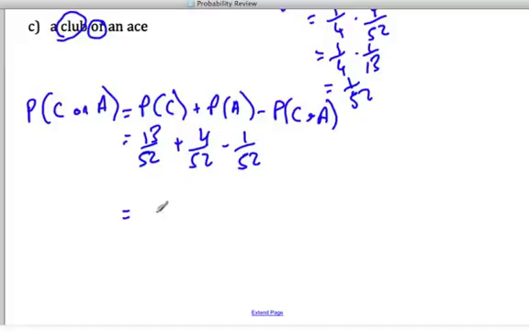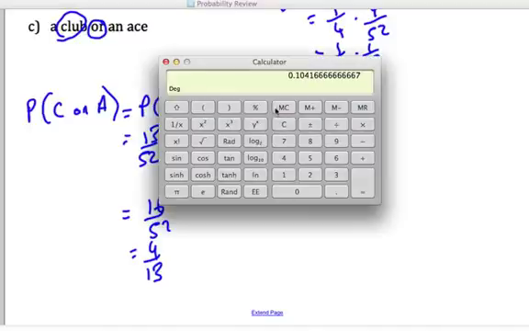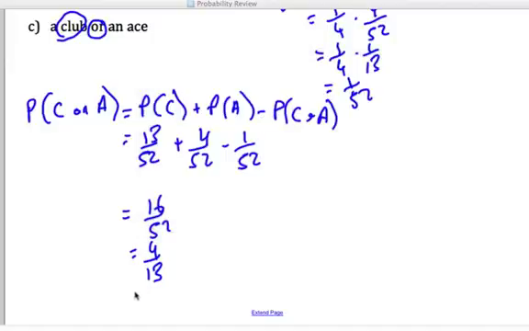So that's going to be 16/52, which reduces to 4/13. And so that's approximately equal to 30.8%.